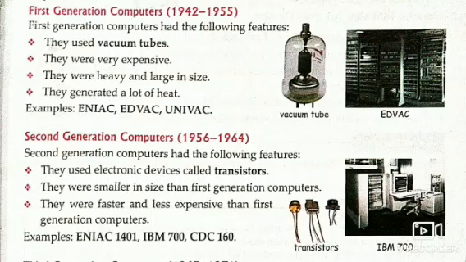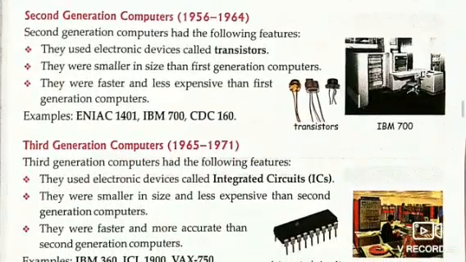Okay, and second generation computers. These were used in the time period 1956 to 1964. Second generation computers had the following features. First, they used electronic devices called transistors.